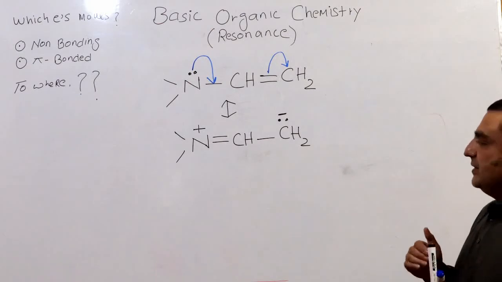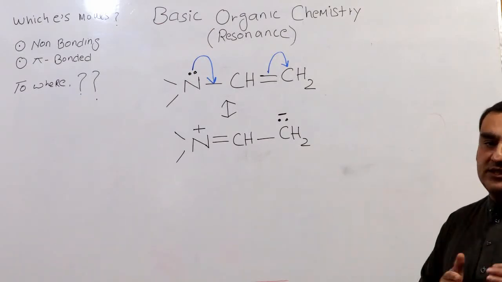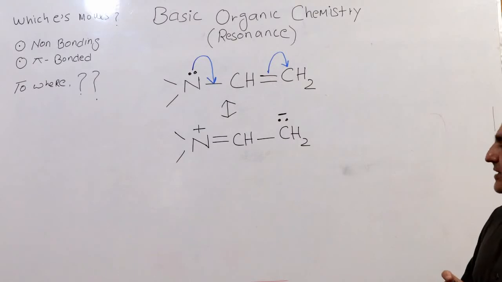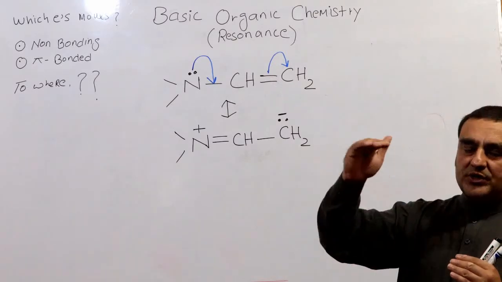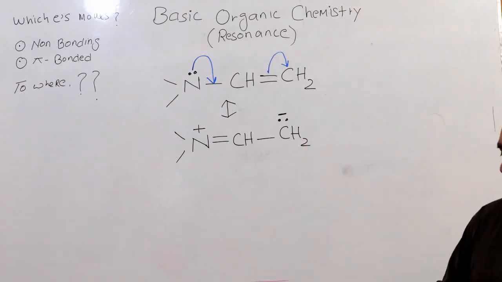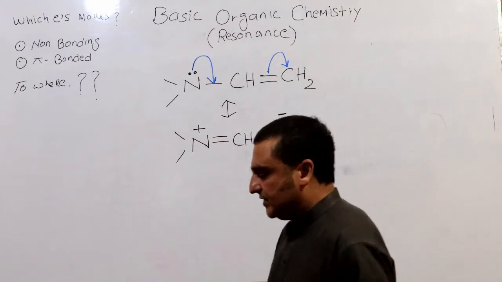so I hope you understand what is happening, and I will move step by step to a moderate level. So this is a very simple example. I just want to show you which electron moves.